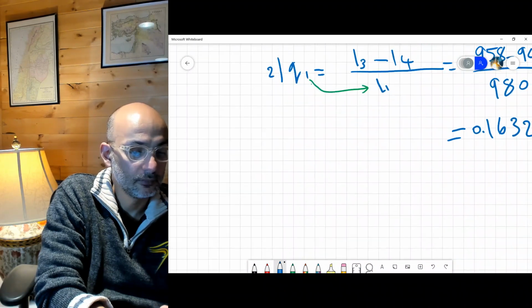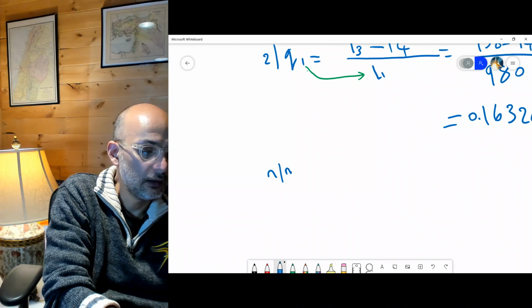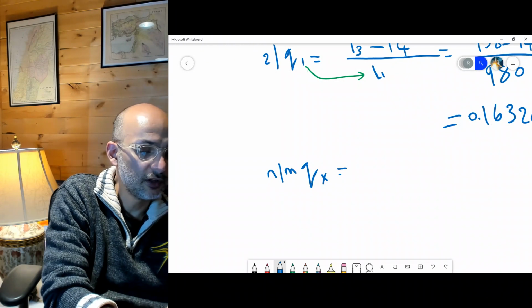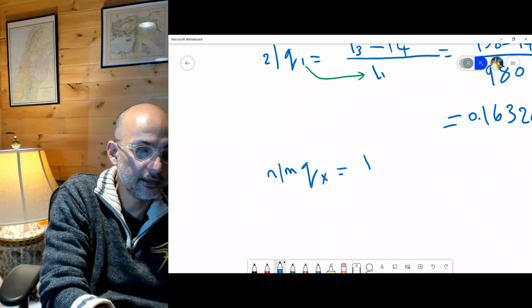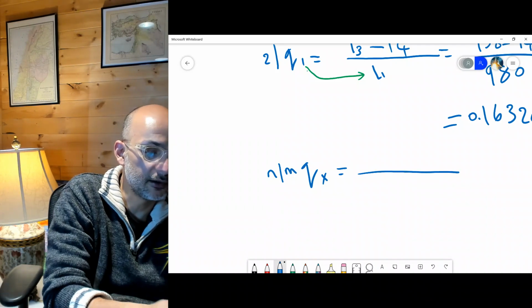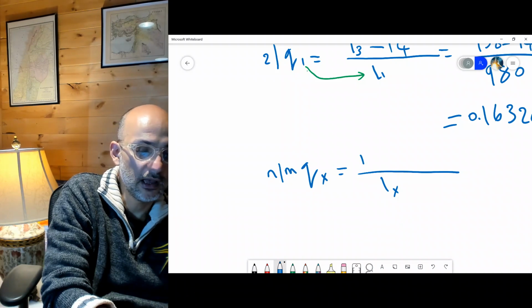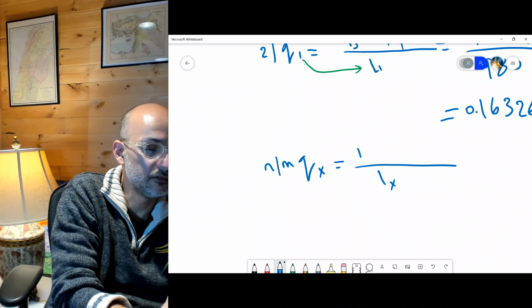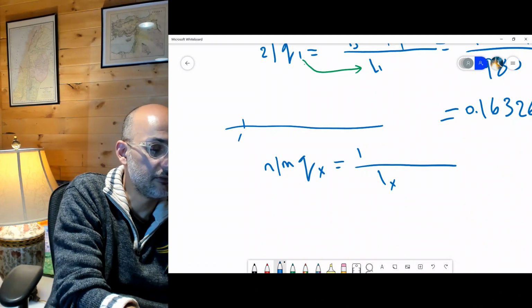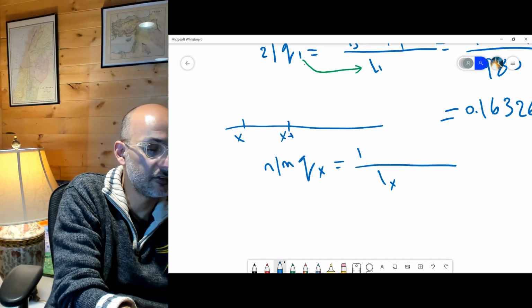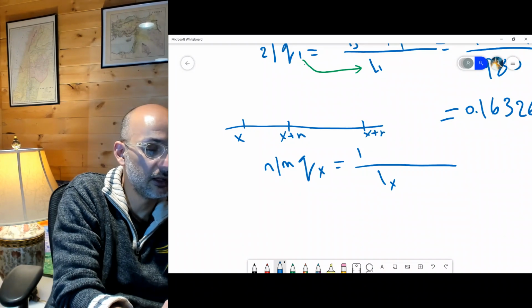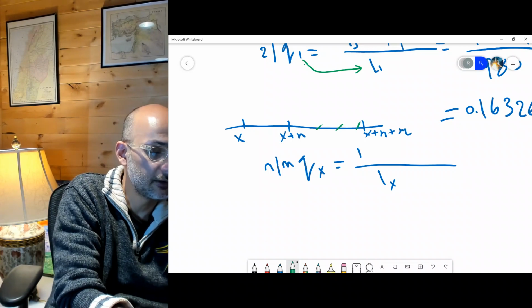But in general, if you look at this one, n|mqx, what goes at the denominator is lx. Then, remember when we visualize this, you have x plus n plus m, and death happens here.